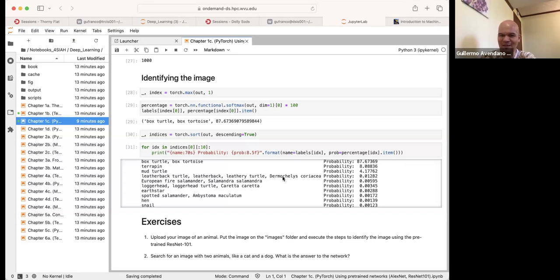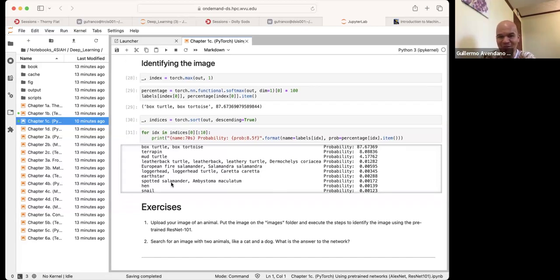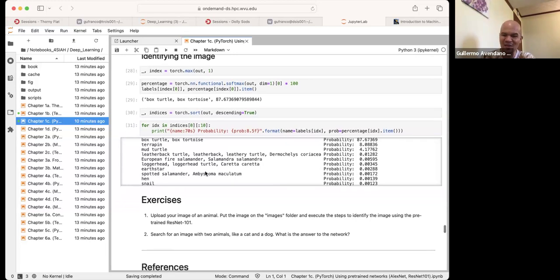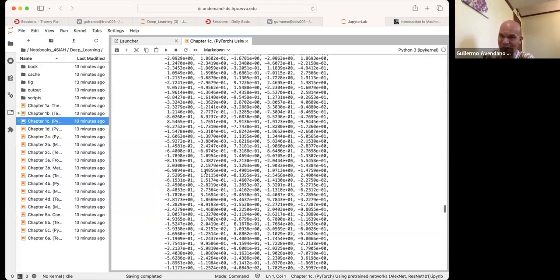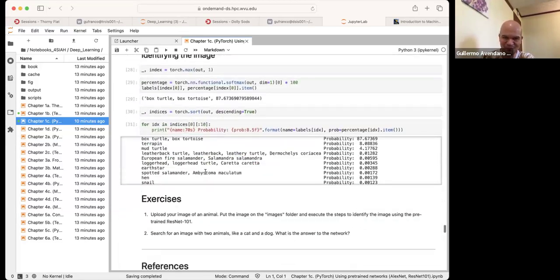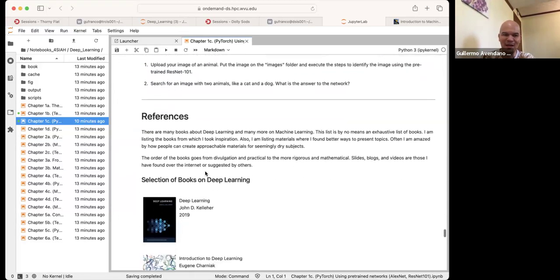Another one, so for sure it's a turtle or something related to that. And for a salamander, the probability is less than 1 in 1,000, something like that. And you see the beauty of this. It's just simple algebra, a few nonlinearities, and some of those neural networks already created, and you can use them.